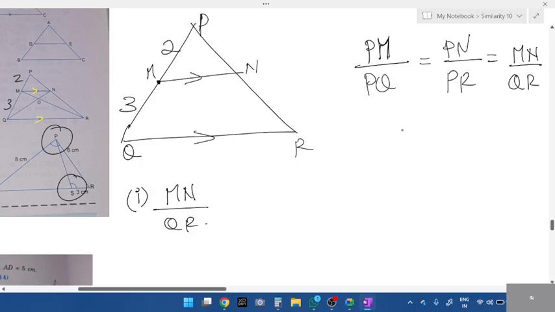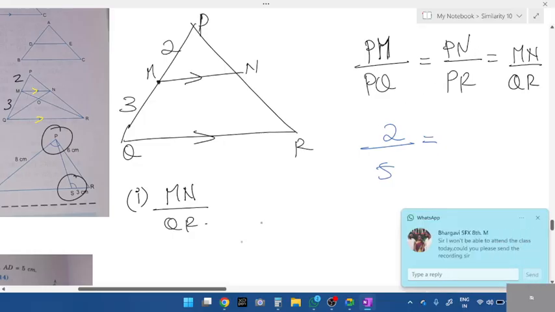So what are the values given? Substitute the values, students. PM is 2. How do you find PQ value? Which two have to add for PQ? Respond for PQ. The total value is 5. Is PN and PR value given? No. They asked us to find PN and PR.